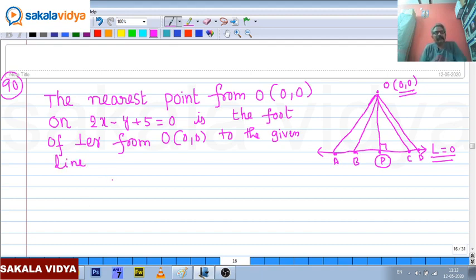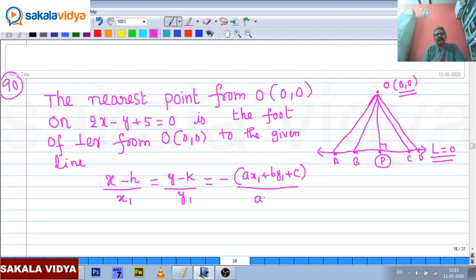Formula we know, the foot of the perpendicular formula: x minus h by x1 equal to y minus k by y1 equal to minus of (ax1 plus by1 plus c) by a square plus b square. This is the formula to find the foot of the perpendicular. For example, this P is the foot of the perpendicular, say h comma k.